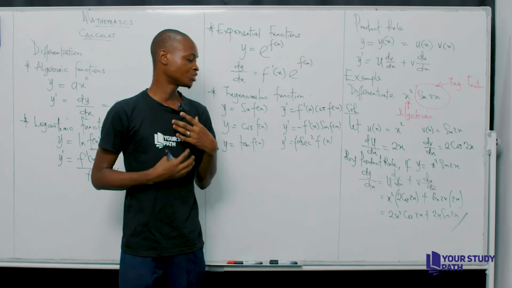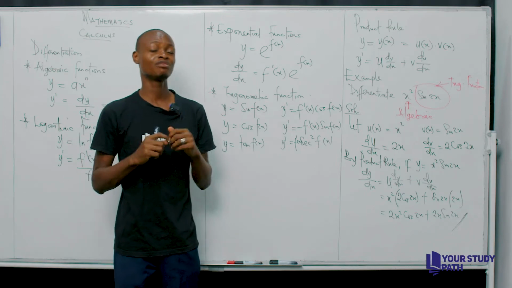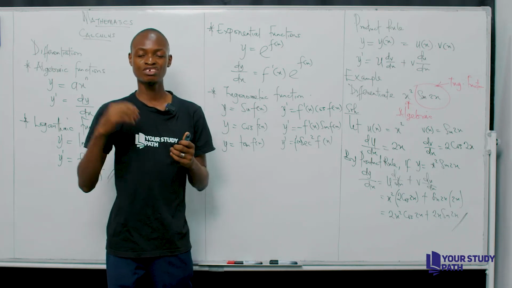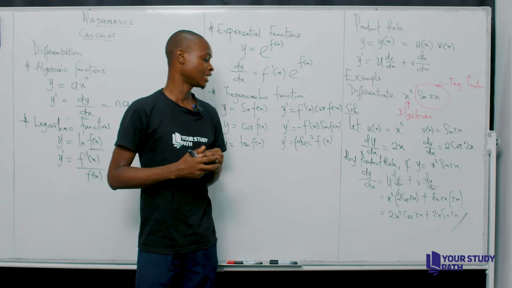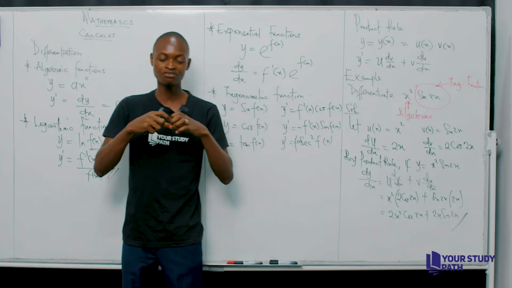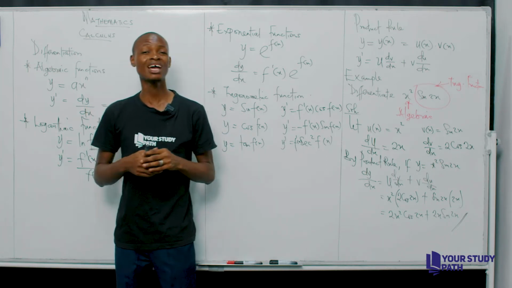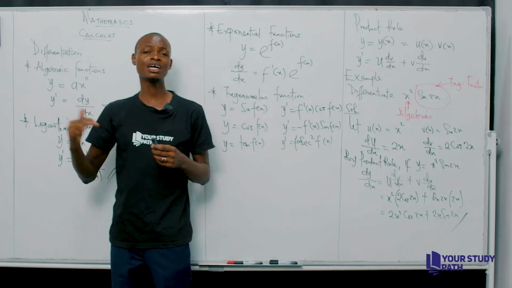Remember, the continuous process of simplification will depend on what you have in your options. If it's a multiple choice exam, then you simplify to the extent to which you have your answers in the options. If it's a theoretical exam, then you are expected to simplify to the barest minimum. Why?